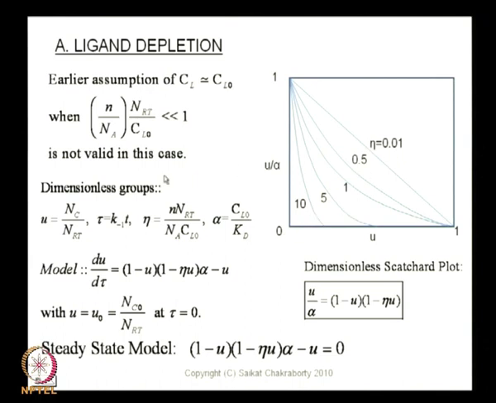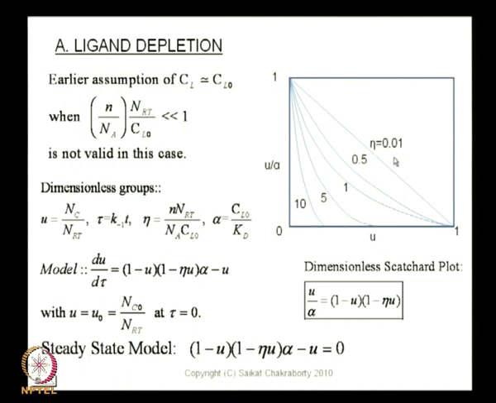Yes. So, essentially look at eta. Eta is nRT Na over Cl naught. In the denominator you have Cl naught, which means that if Cl naught is very large, if the ligand concentration is very large, eta decreases and it goes to 0.